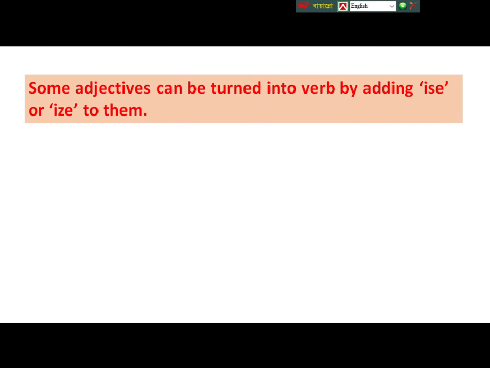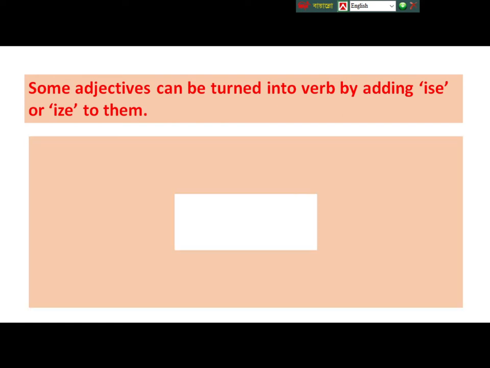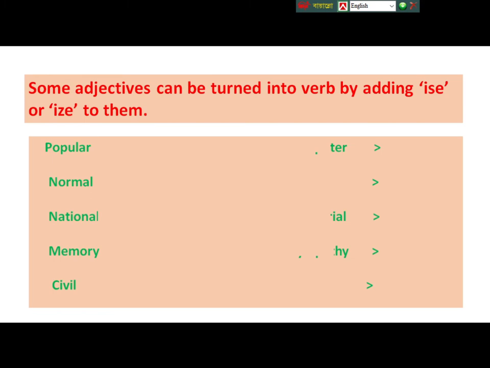Some adjectives can be turned into verbs by adding ise or ize to them. In case of British spelling, we will use ise, and in case of American spelling, we will use ize. Here are the words: popular, normal, national, memory, civil, computer, visual, industrial, sympathy, local.